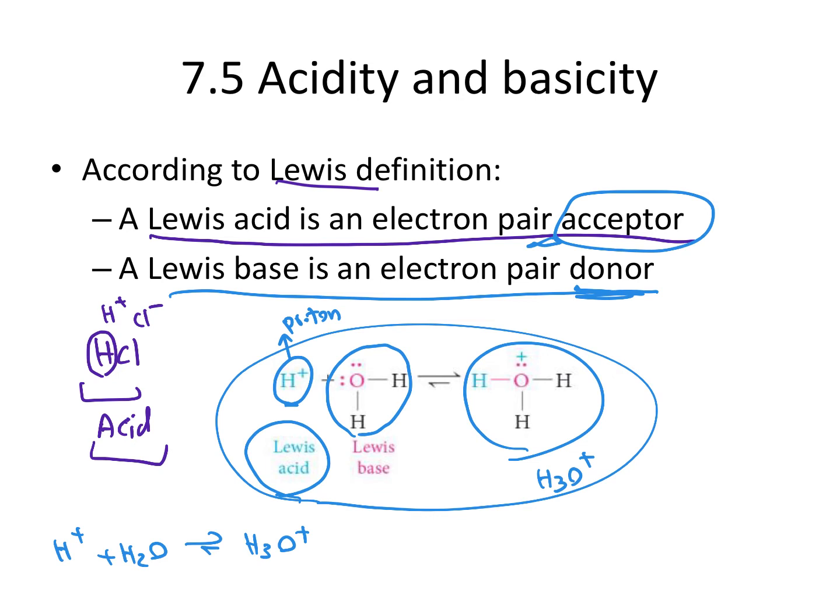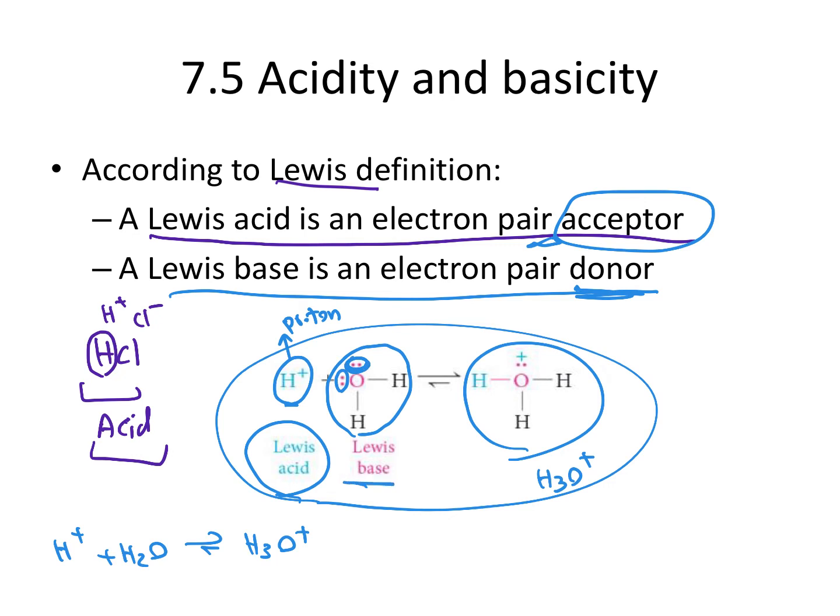Okay, and most of the time, in most of the examples that I give you, anything that has a positive charge wants to accept electrons. So it would be an acid. Does that make sense? And most of the time, when you have a substance or compound that has non-bonding electrons, for instance, water in this example, it can donate these electrons, right?